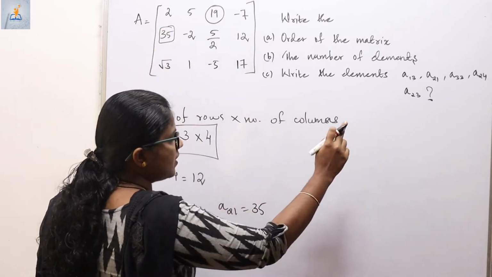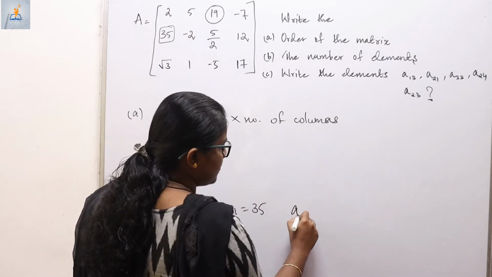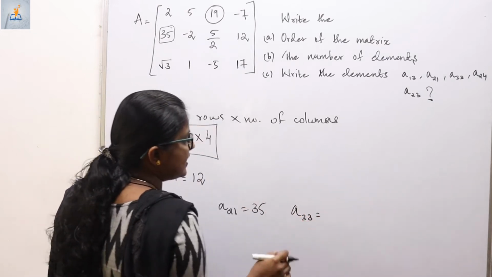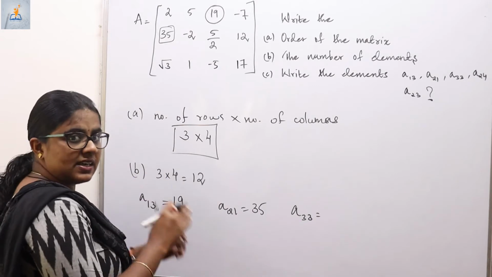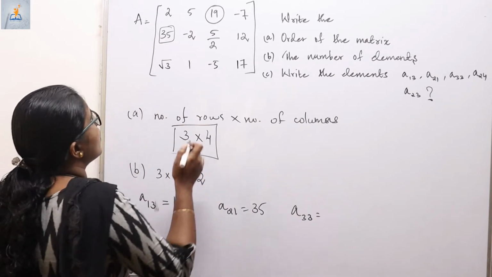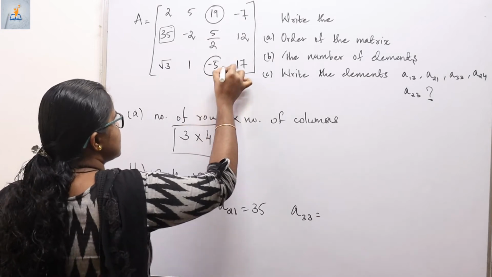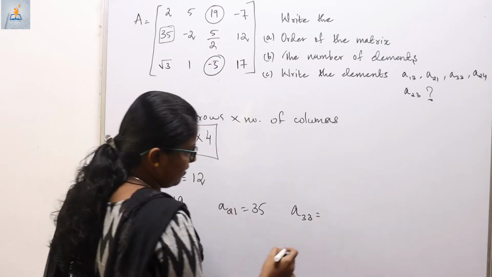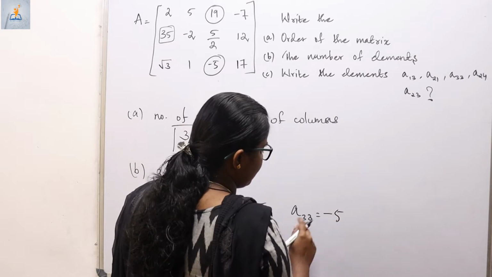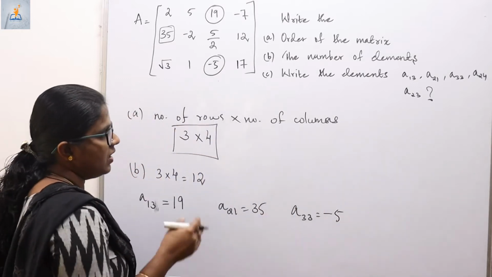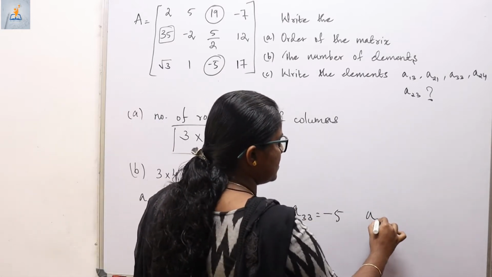Coming on to the next one, we have A33. What is A33? It is the element in the third row and third column. So this is the third row and this is the third column, and the intersecting element is -5. So we have A33 as -5. Now we want A24. What is A24?